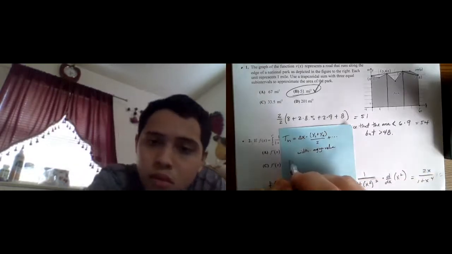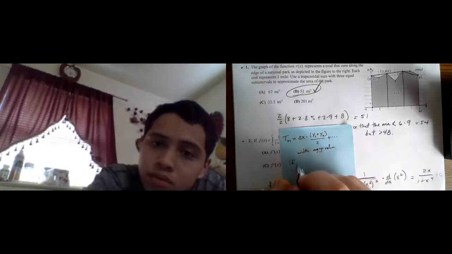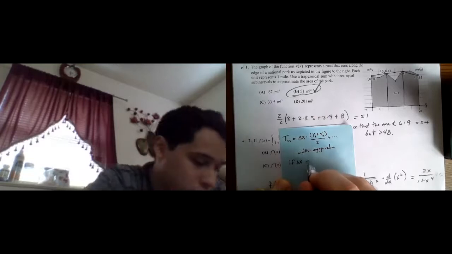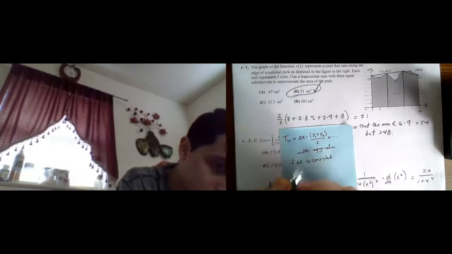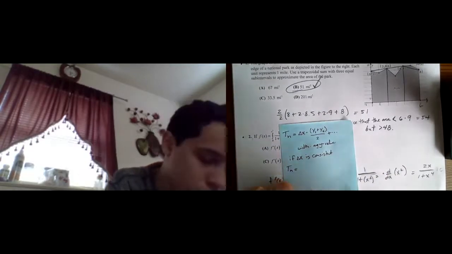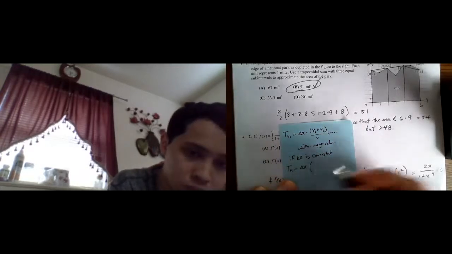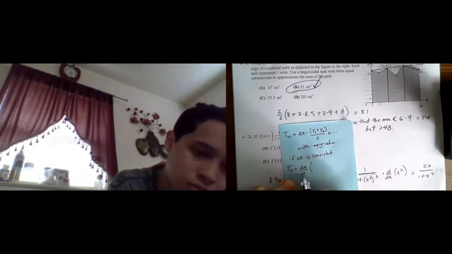If delta x is the same or is consistent, we can write a more compact version of the formula. I can factor out the delta x, and I'm also going to factor out the division by 2 from the average.